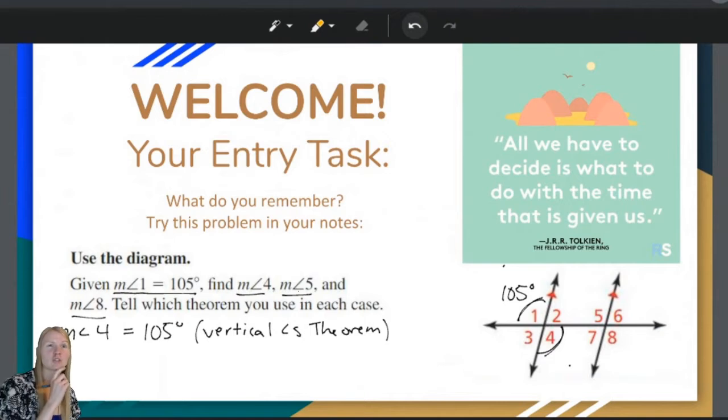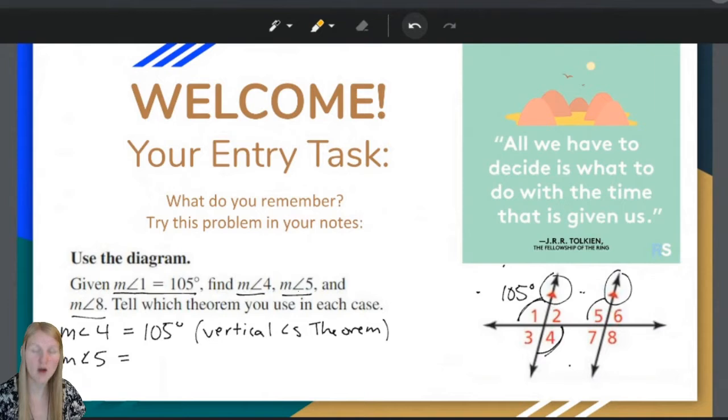Okay, next, the measure of angle 5. Well, the measure of angle 5, ooh, look at this. 1 and 5 are corresponding angles. And look at these red arrows, that means that these lines are parallel.